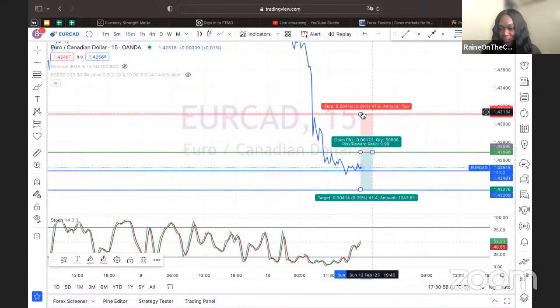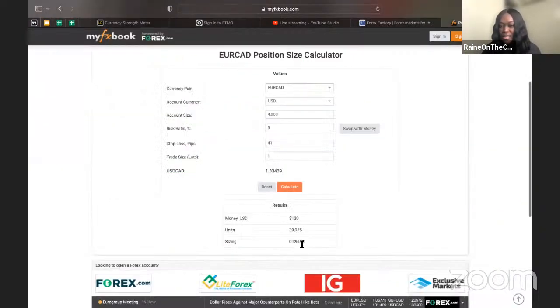I would have my stop loss at 43108. So if it continues going up and I get stopped out here, I could only lose $40 if I went with the 0.39 lot size. So I could only lose that.